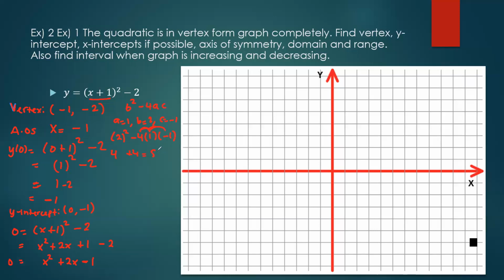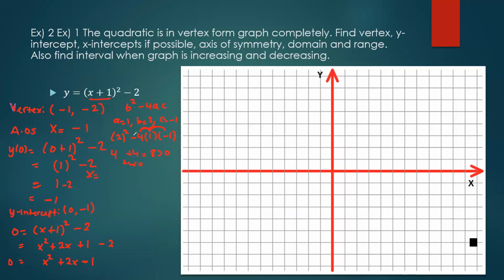That gives you 8, which is greater than 0, which means we have 2 x-intercepts. We can't factor it nicely, since two numbers that multiply to -1 and add to 2 is impossible. So we're going to use the quadratic formula.